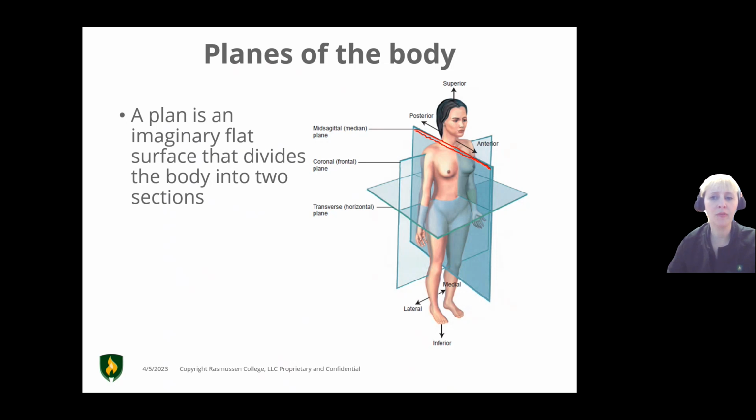The coronal or frontal plane, which is this guy here, will divide the body into anterior, which is the front or ventral, and the posterior, which is your dorsal or your backside. Then the final one is the transverse plane, which is also called our horizontal plane. And this divides the body into superior, which is top, and inferior, which is bottom.